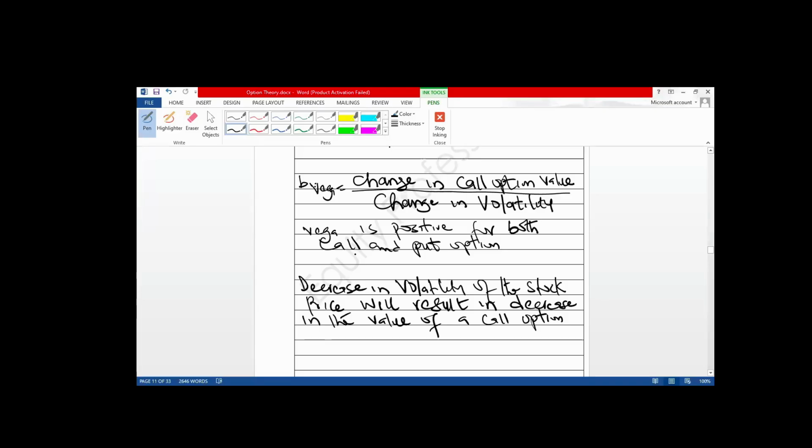For this vega to be positive, the two variables must move in the same direction. This is B1.